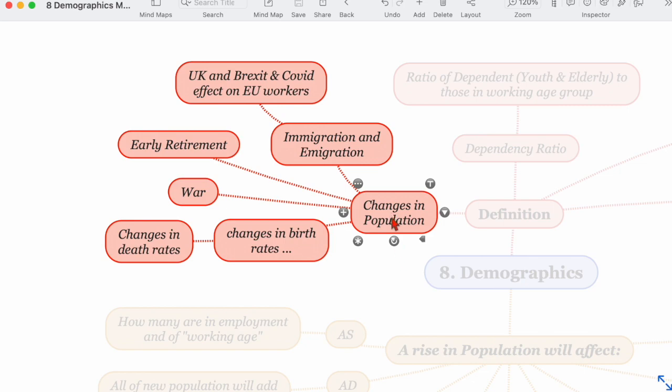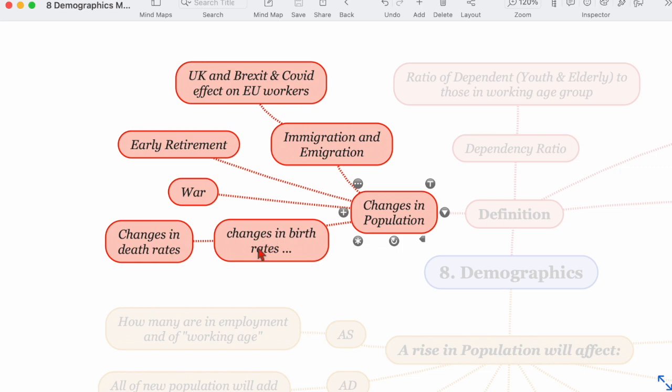The population can change for different reasons: the birth rate and the death rate. This is an interesting one, because when you get an increase in the population and we have economic development going on, the economic development will usually raise the birth rate because you've got better health facilities, and it will also reduce the death rate because of better health facilities.